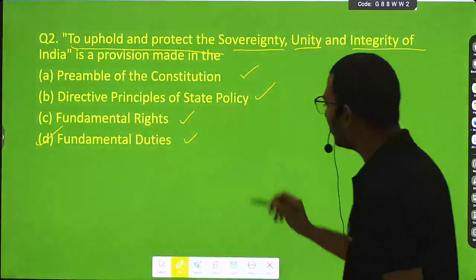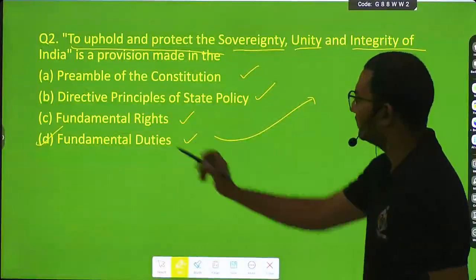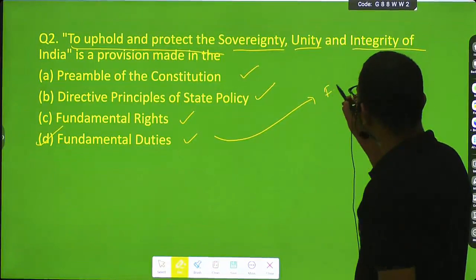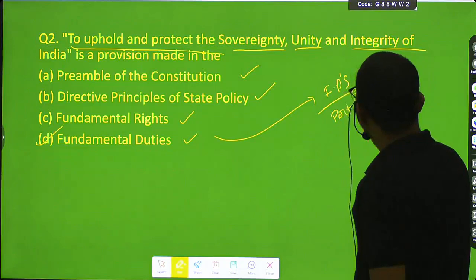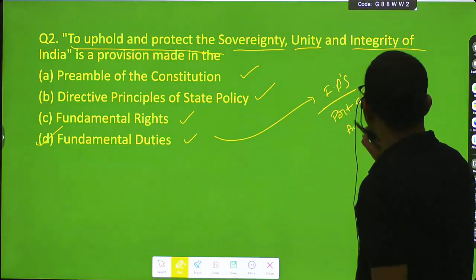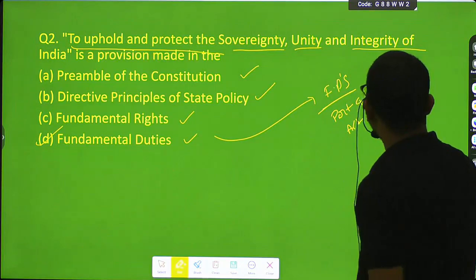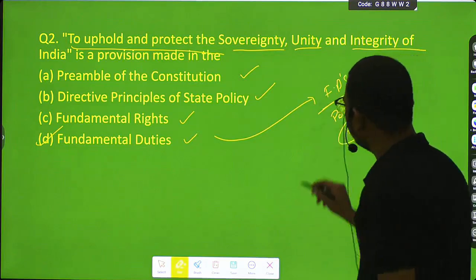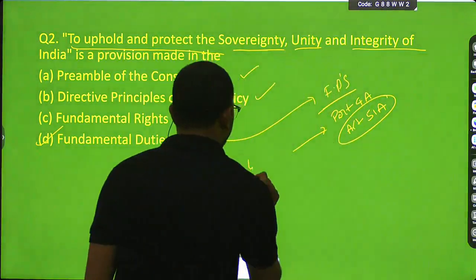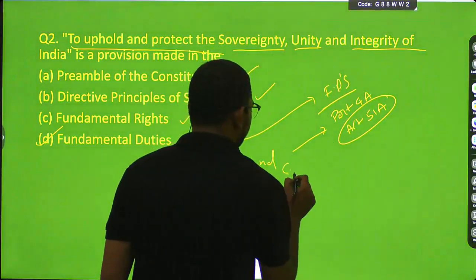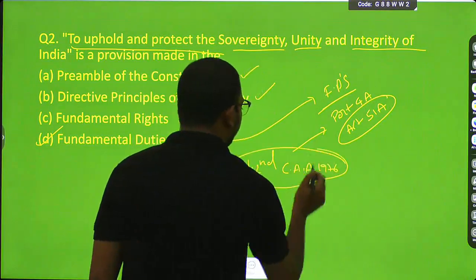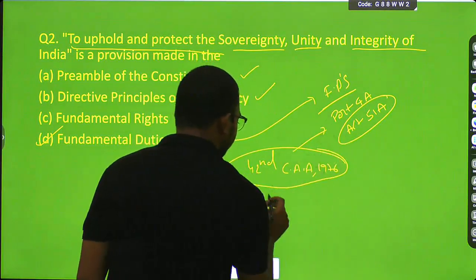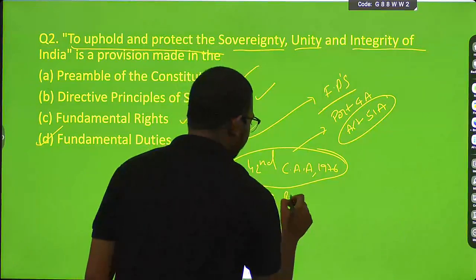See, when we discuss fundamental duties, simple things to remember: one, this is part 4A, article 51A. Before, we didn't have this part, so we introduced it by the 42nd Constitutional Amendment Act 1976. When we introduced it through this amendment, we had 10 duties.